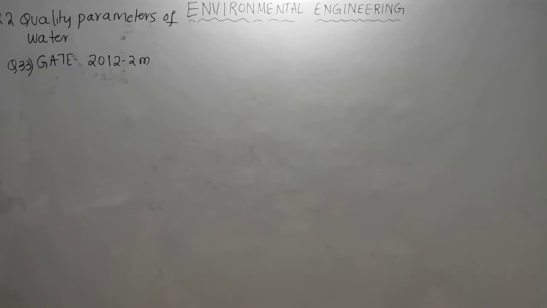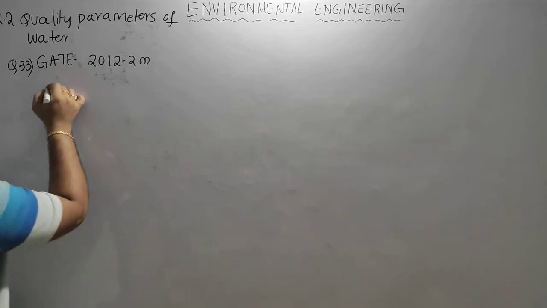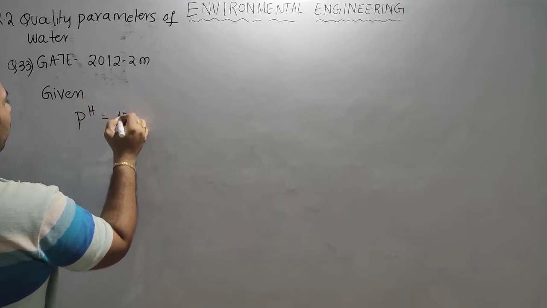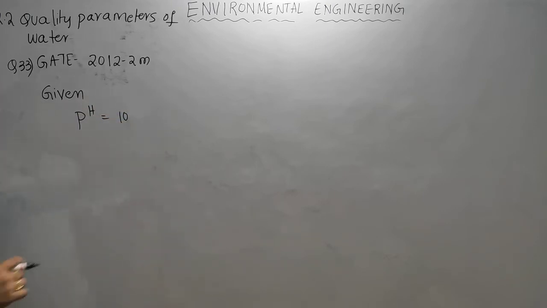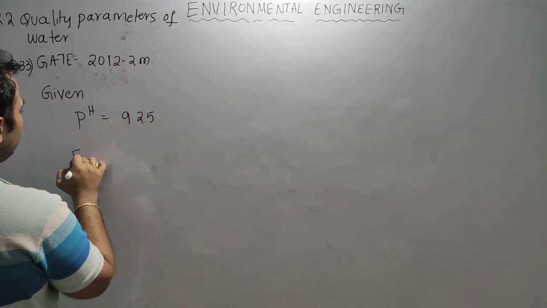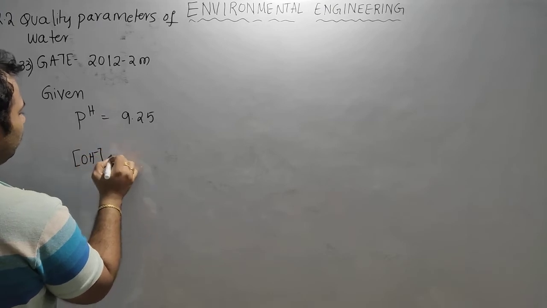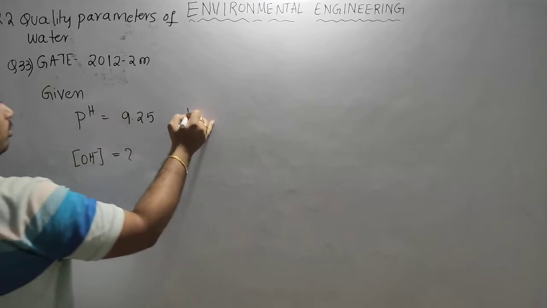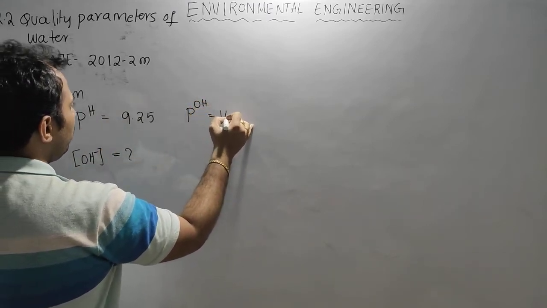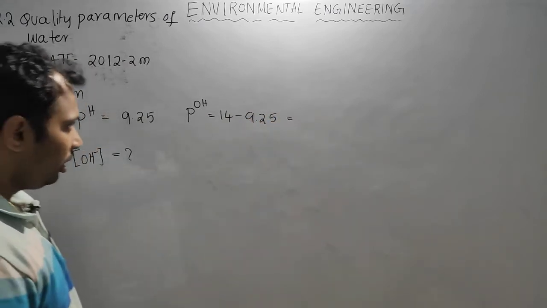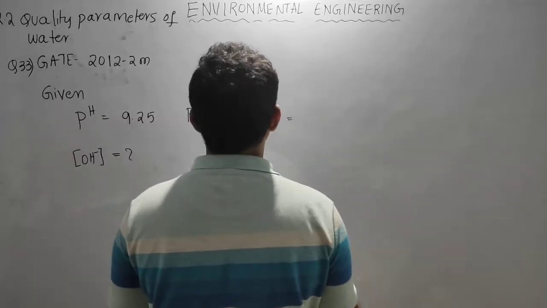The concentration of hydroxyl ions in the water sample is asked. So pH is given as 9.25, and he is asking what is the OH minus ion concentration. If this is pH, then pOH is equal to 14 minus 9.25, which is 4.75.